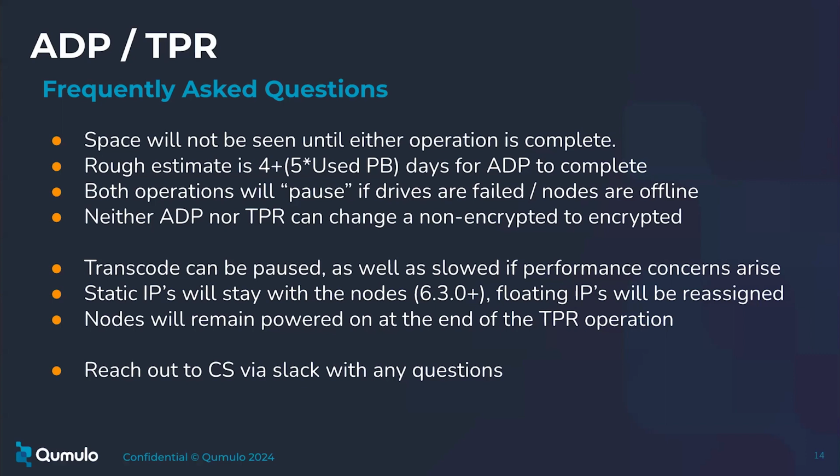We ended up making some changes, and it became more of a heavy lift to actually power those off at that point. So at this point, we keep them on. Now, the unintended side effect of this actually worked out in our favor, because you'll have those nodes still powered on out there, you can go ahead and do things with them at that point without trying to figure anything out as far as which nodes are which and whatnot.